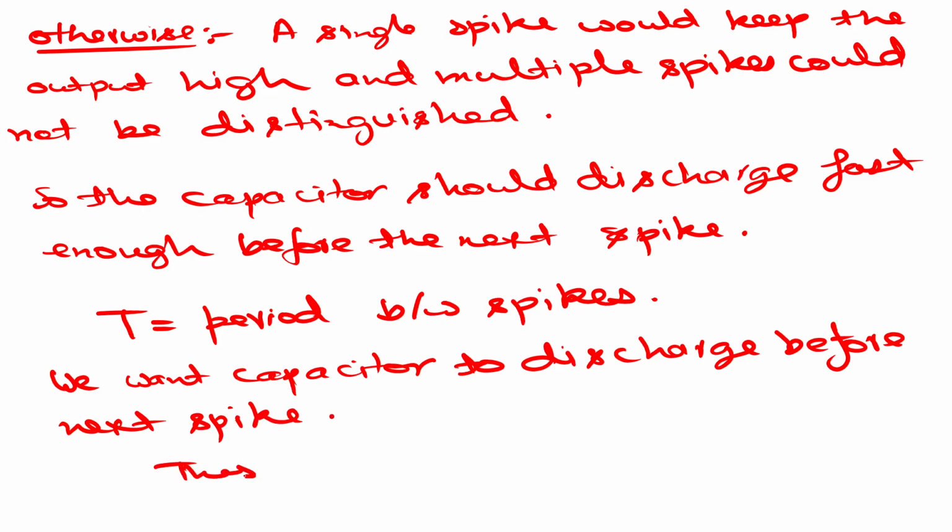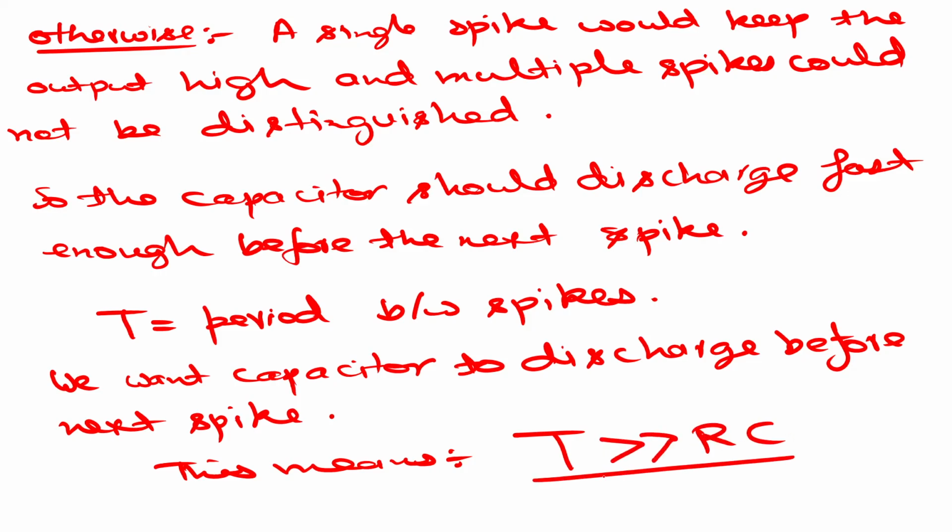This means this time period should be much greater than the time constant of the circuit. If it is much larger, peaks are coming after the capacitor is discharged completely, and then our peak detector will be able to detect the spikes.